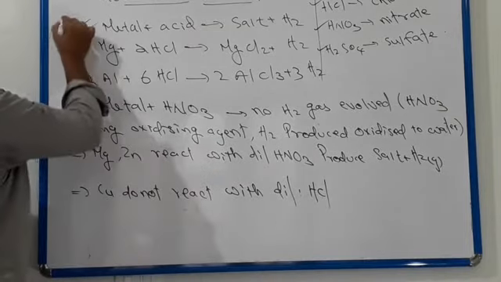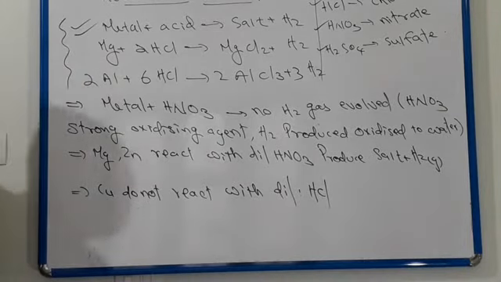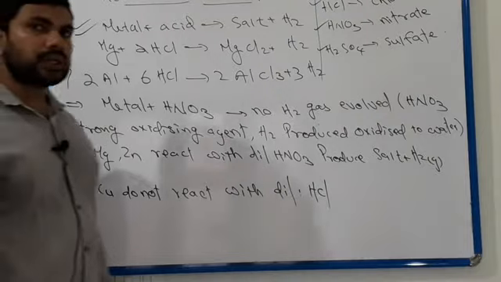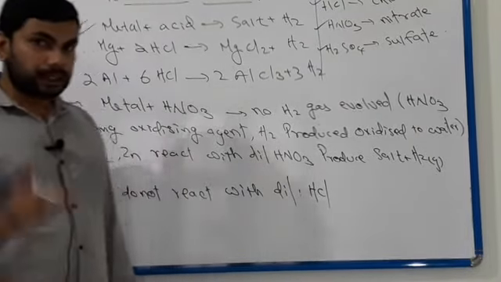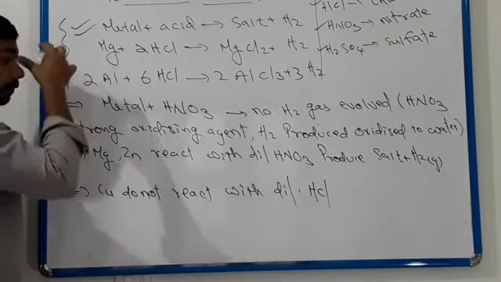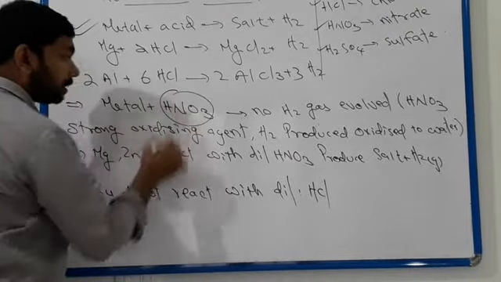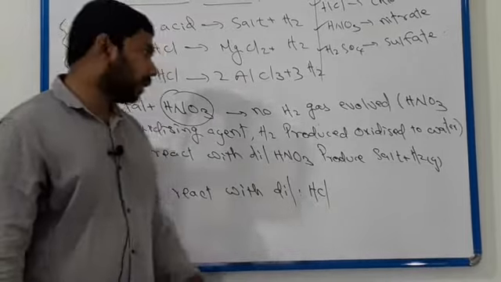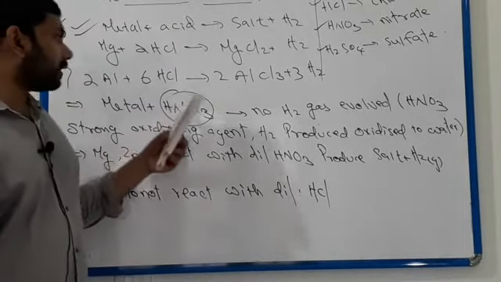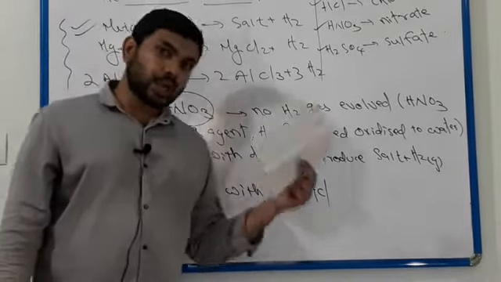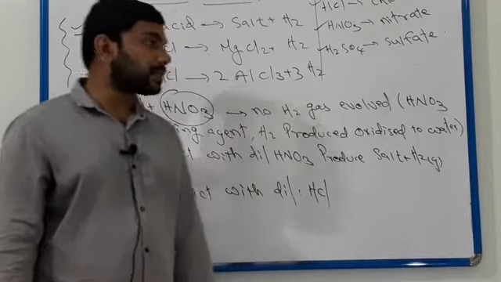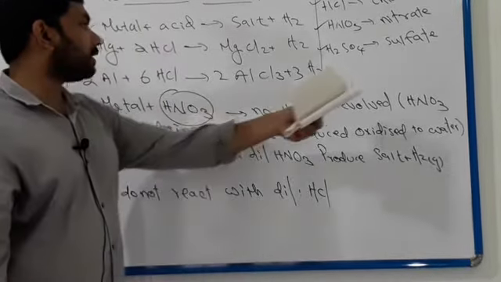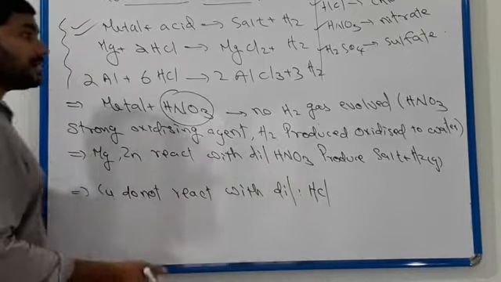So here we discussed generally that metals react with acid to form salt and hydrogen gas. But you have to remember here, when metal reacts with nitric acid, no hydrogen gas is formed. Metal reacted with nitric acid produces salt but no hydrogen gas, because nitric acid is a strong oxidizing agent.